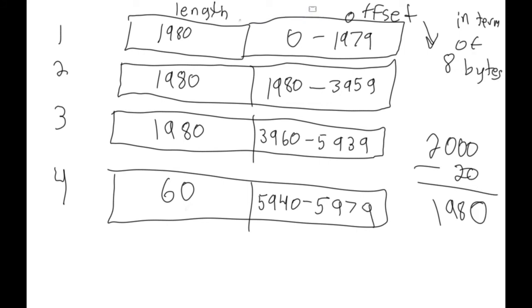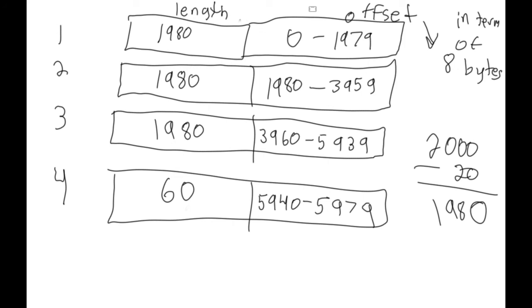The reason that works is because first you're sending 1980 bytes, and then 1980, and then 1980, and then 60. Counting starts from 0, so 0 through 1979 is used for the first fragment's data, then 1980 to 3959, then 3960 to 5939, and then 5940 to 5999.